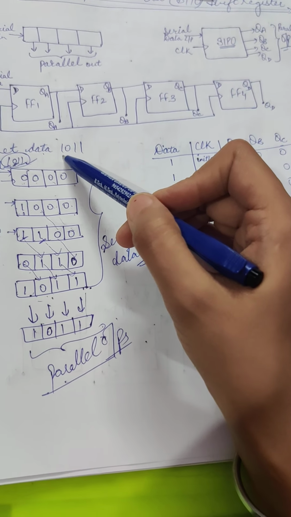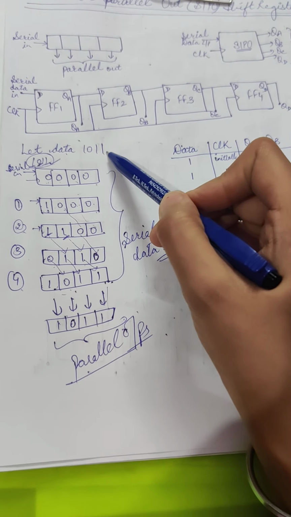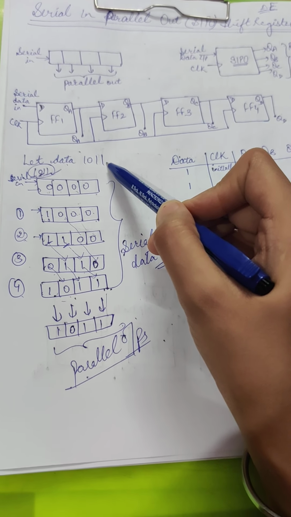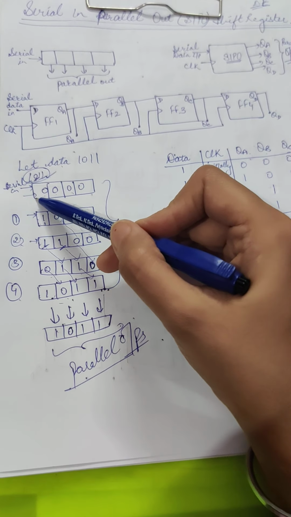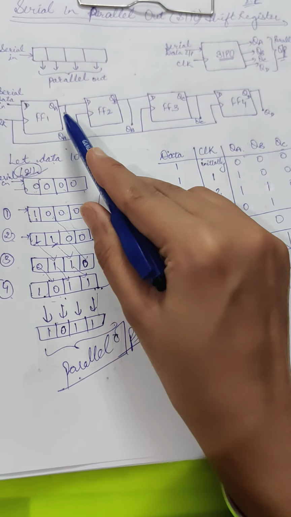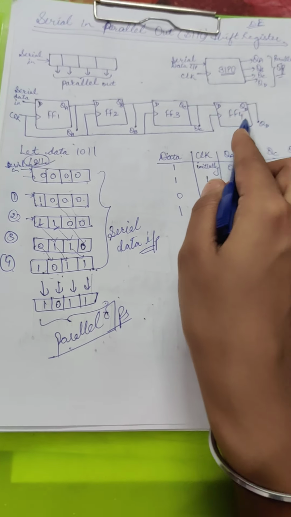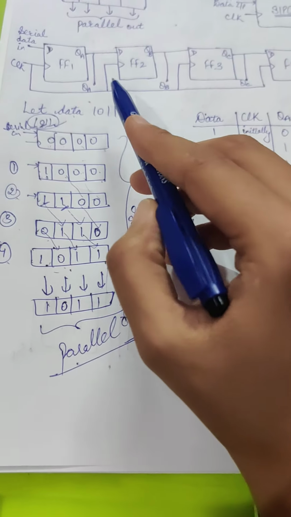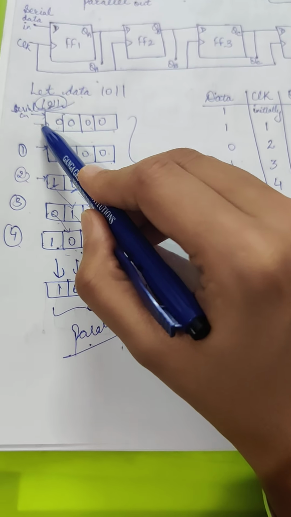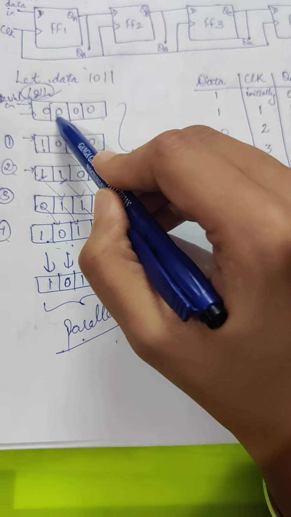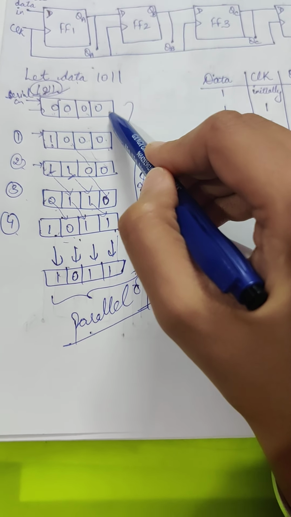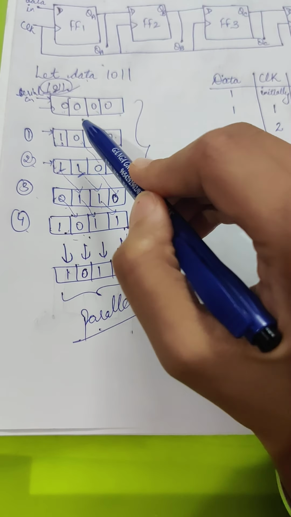Now the data used is 1011 and you can take any 4-bit data. At starting we know that the output of shift register must be 0, as we have studied in flip-flops. So initially at 0 clock, the data is 0, 0, 0, 0 in the shift register.